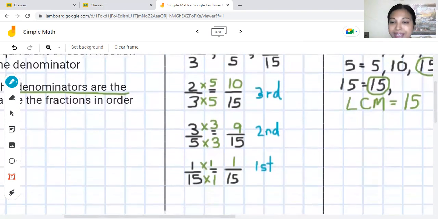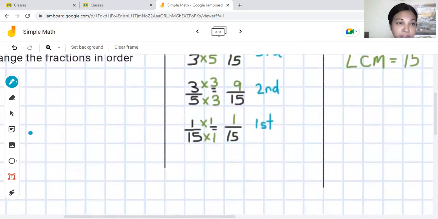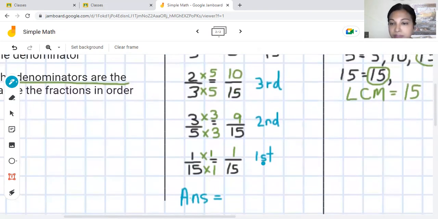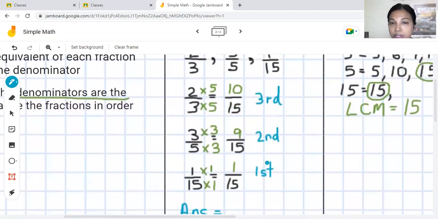So therefore, when you have to put the answer, the answer would be equal to... Now when we are listing the answer, we don't list the equivalent fractions that were formed.